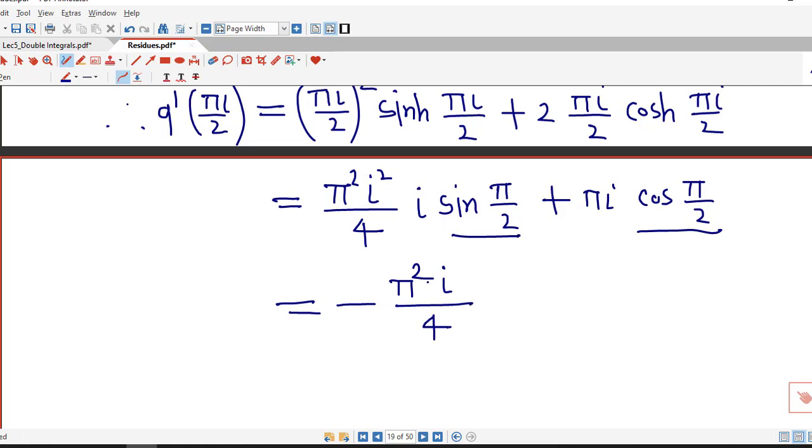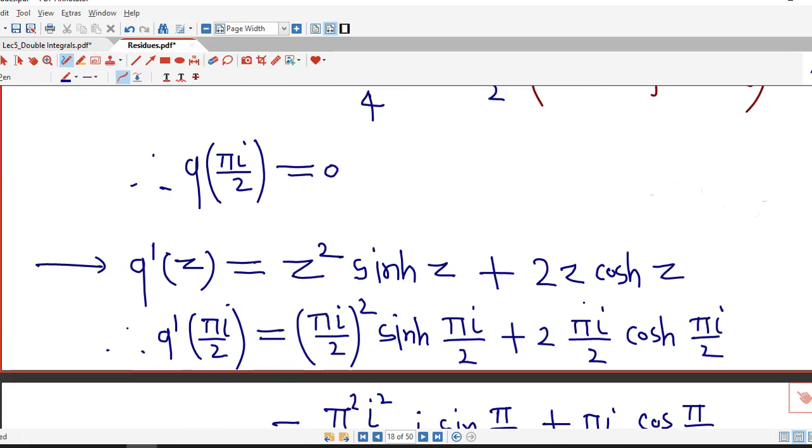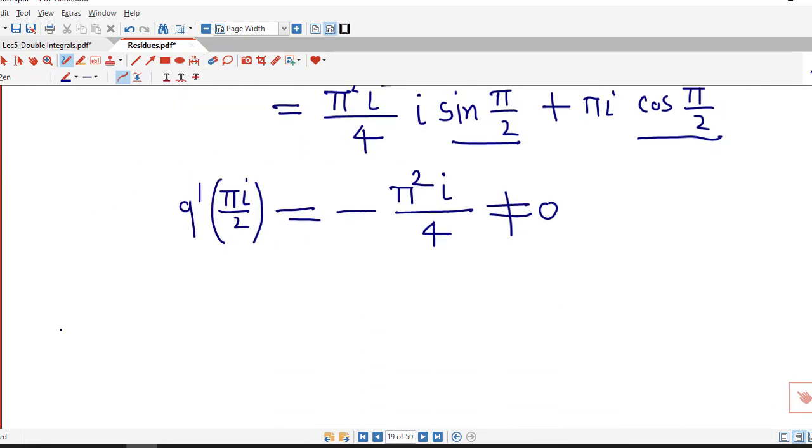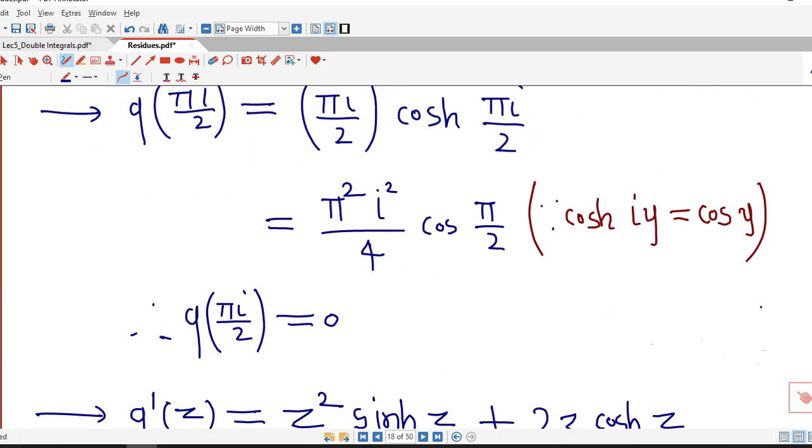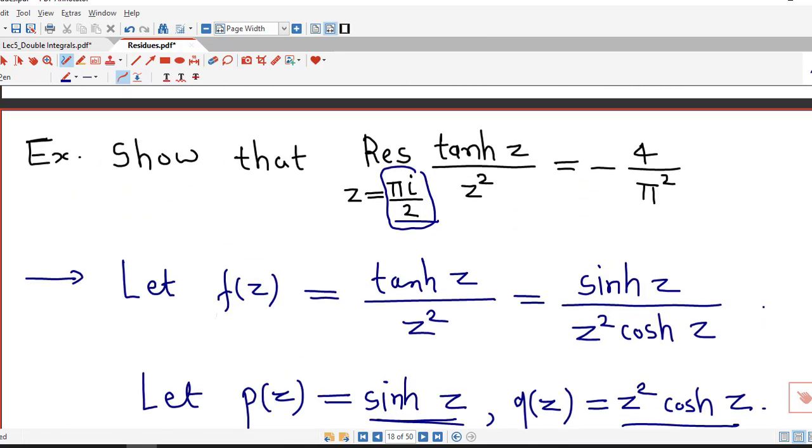I square is minus 1, so we have minus pi square i divided by 4, which is non-zero. So the value of q dash at pi i by 2 is non-zero, and the value of q at pi i by 2 is 0. That means q(z) has a simple 0 at z equal to pi i by 2. So both the conditions of that result are satisfied.